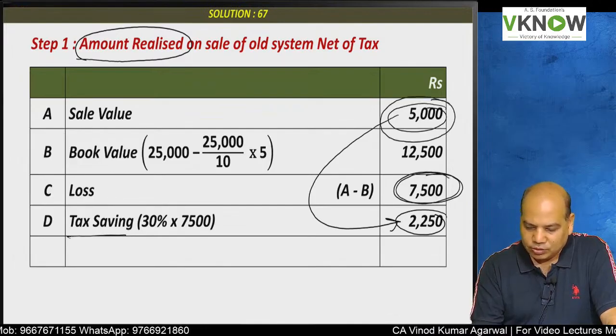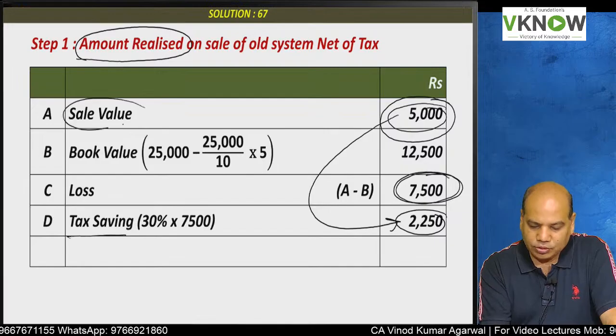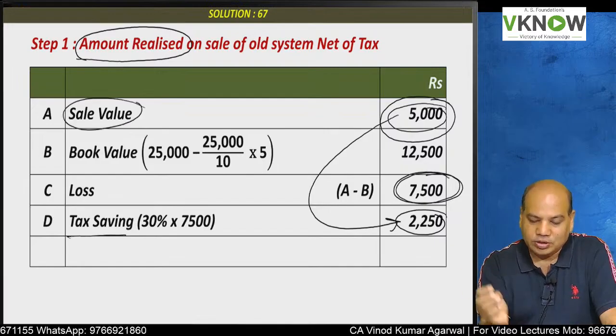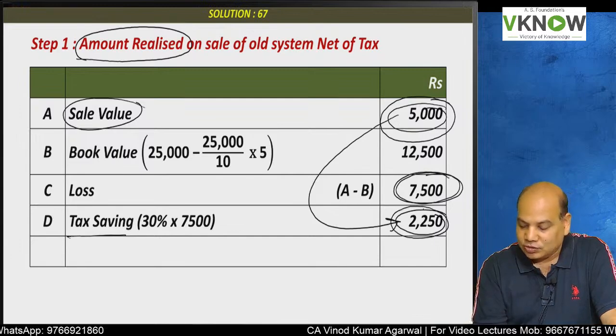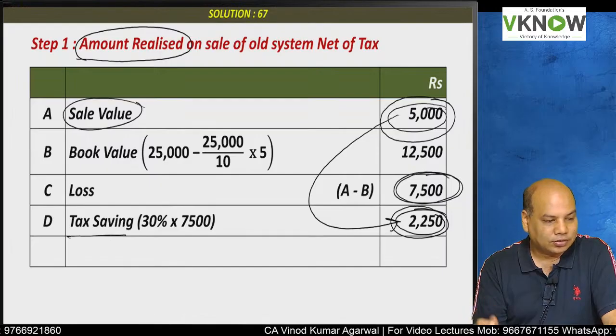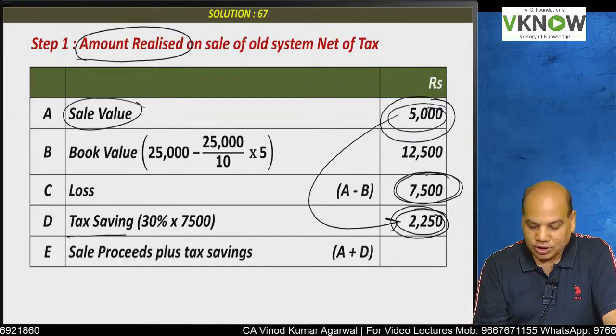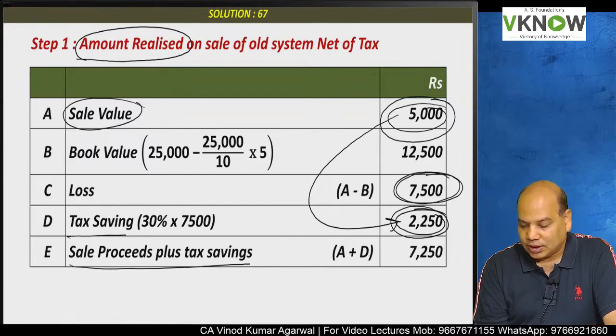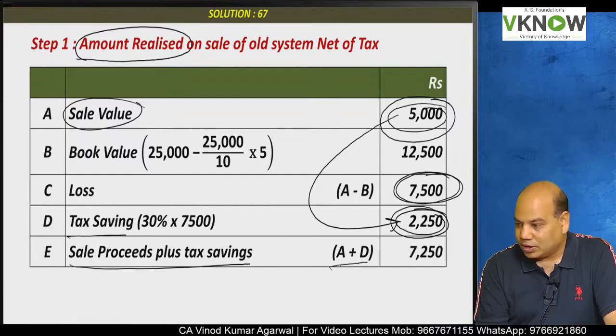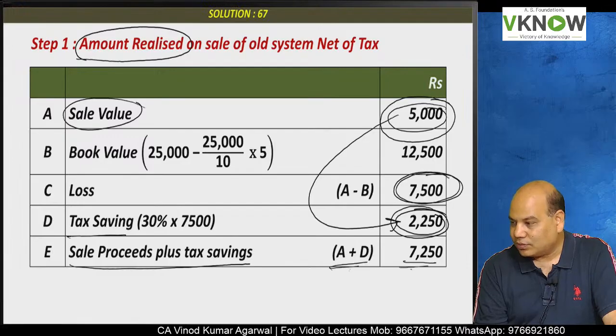5,000 rupees sale value. If you think like an accountant, bank account debit to asset account, 5,000 inflow. Tax saving is also inflow. Tax saved is cash inflow. Therefore, your answer is sale proceeds plus tax saving, A plus D, 7,250.